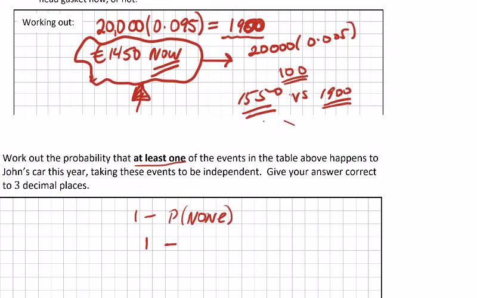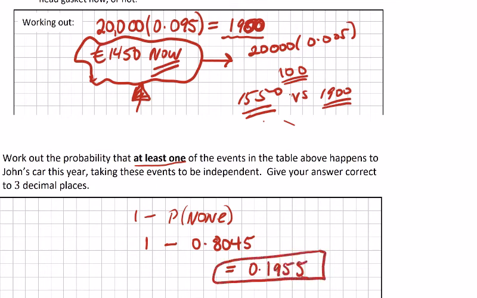So that's the probability of it not happening. 1 minus 0.8045 is equal to 0.1955 for the last part of question 8.